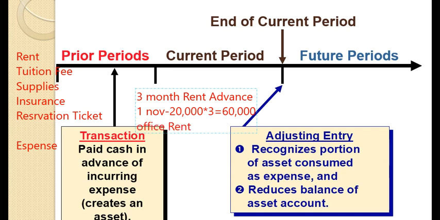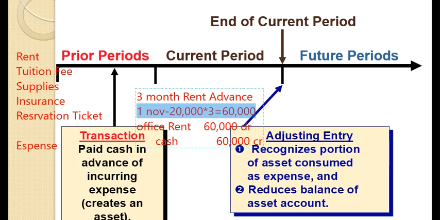I will write the 60,000 as a debit, and then cash will be credit, because I paid 60,000 cash. It will happen on November 1. I pay office rent 60,000, it will be debit, and cash will be credit.